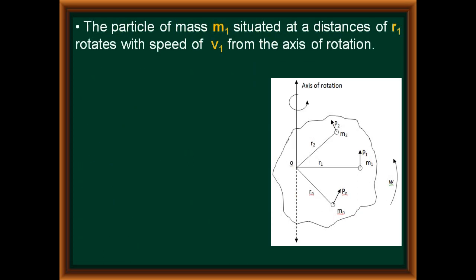The particle of mass m1 is situated at a distance of r1 from the axis of rotation, and this particle is rotating with a linear speed of v1. We can write the speed v1 equal to r1 into omega. This is the relation between linear speed and angular speed: v1 equal to r1 into omega. Omega remains constant for each particle.